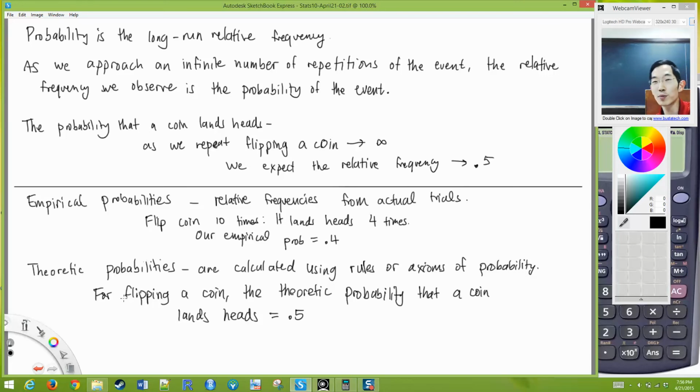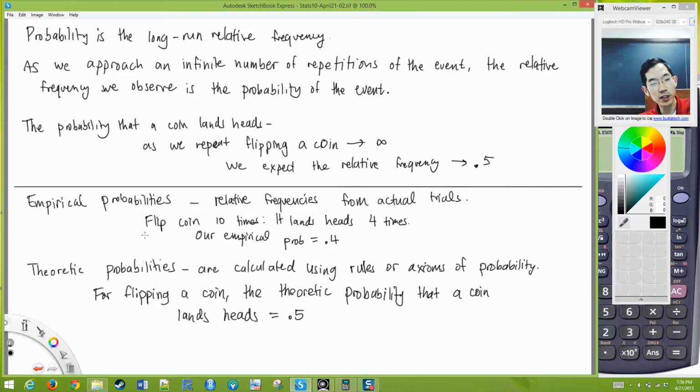So maybe you flip it 1,000 times and it lands heads 603 times. You'd say, okay, the empirical probability indicates that the probability of it landing heads is around 0.603. Maybe it's a little higher, maybe it's a little lower. But that will allow you to get an estimate without going into the theoretical math. Does that make sense? Okay, and so sometimes empirical probabilities are very useful.